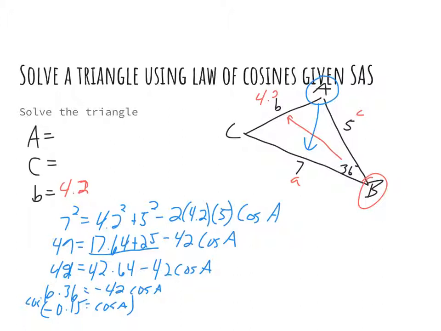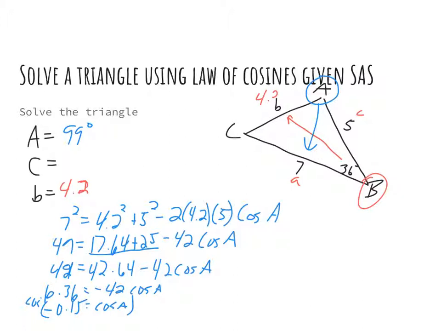And so angle A, rounded to the nearest degree, is 99 degrees. Now we can do it that way, or if you feel more comfortable, since we have an angle and its opposite side length, you can go back to the law of sines to do it, so feel free to do that as well.